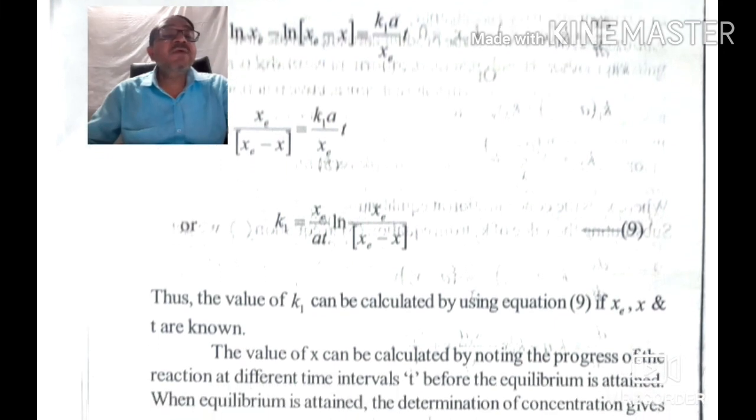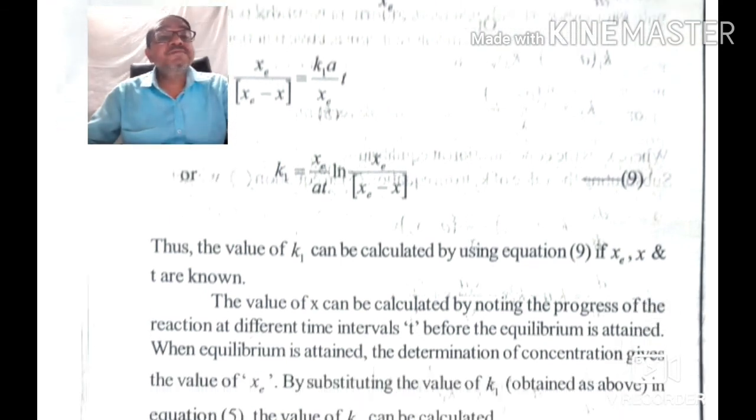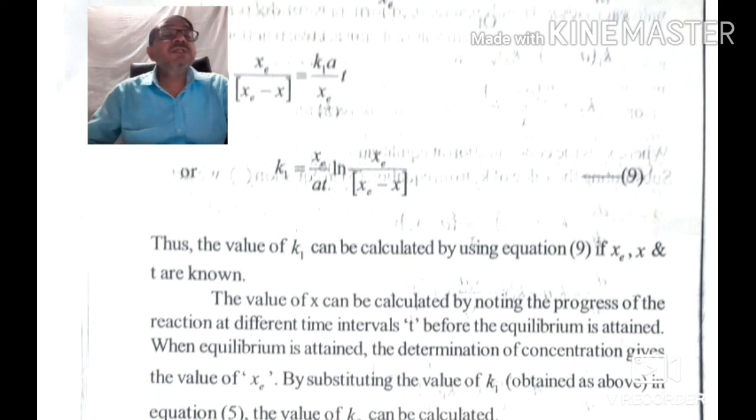Thus the value of k1 can be calculated using equation 9 if xe, x and t are known. So the equation is k1 is equal to xe upon a t log xe upon xe minus x. This can be used for solving numerical problems.